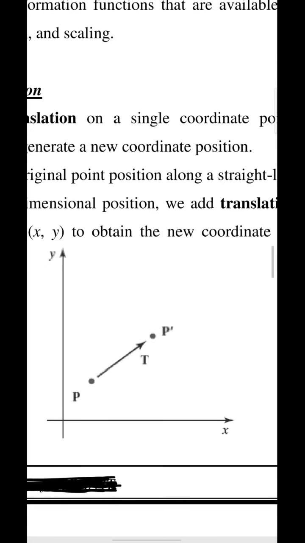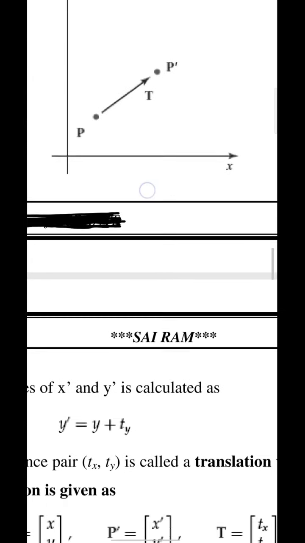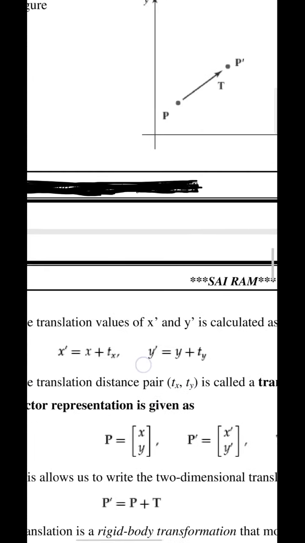A simple two-dimensional system is taken, with x and y coordinates, where p is the initial position of the point. Let its value be 10 and 10, right? What is t? That is the translation displacement, and the new value p dash should be 20 and 20. So you have to add the displacement 10 horizontally and 10 vertically, that is tx as well as ty, isn't it? See the equations here.